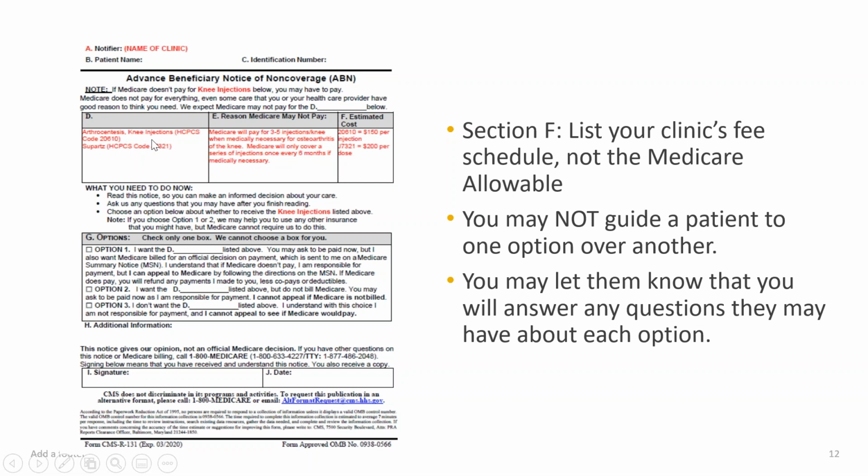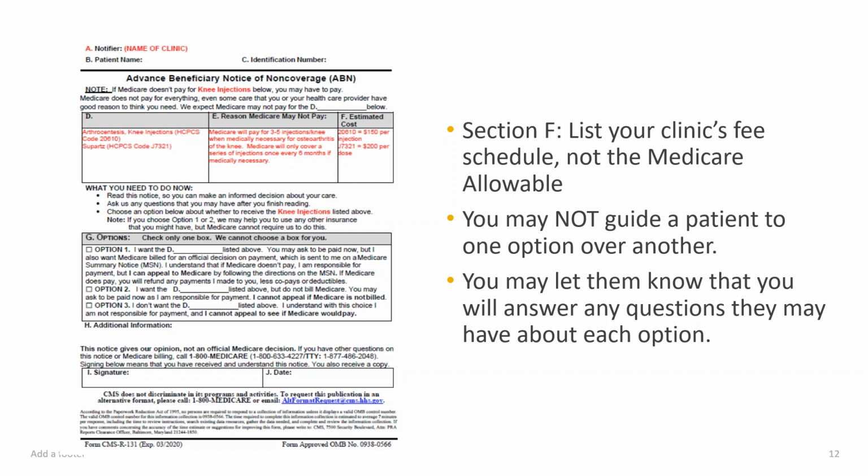So this is arthrocentesis knee injections, HCPCS code 20610. Medicare CPT codes are called HCPCS codes. And then Supartz, which is HCPCS code J7321. It says Medicare will only pay for 3 to 5 injections per knee when medically necessary for osteoarthritis of the knee.